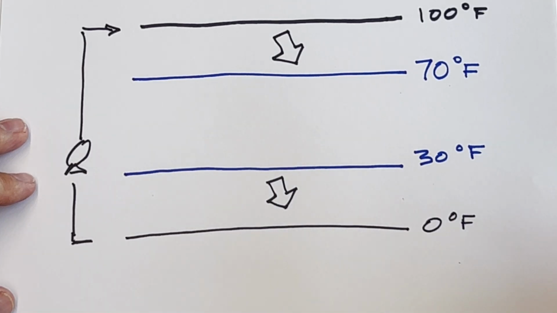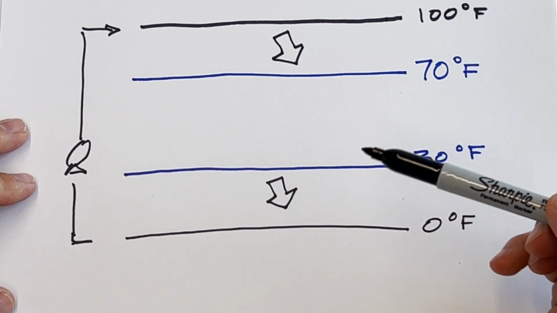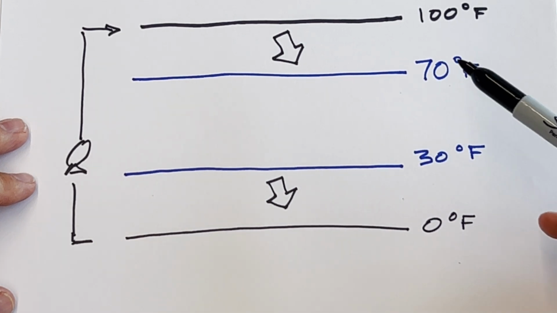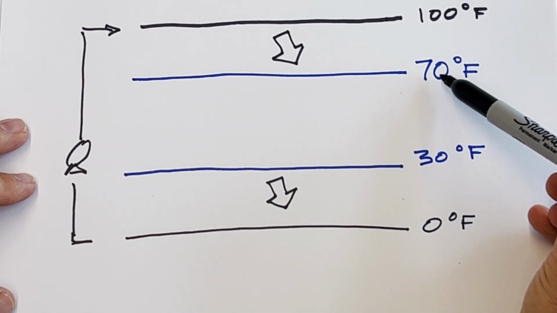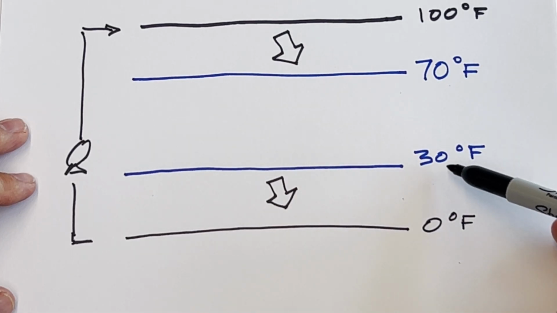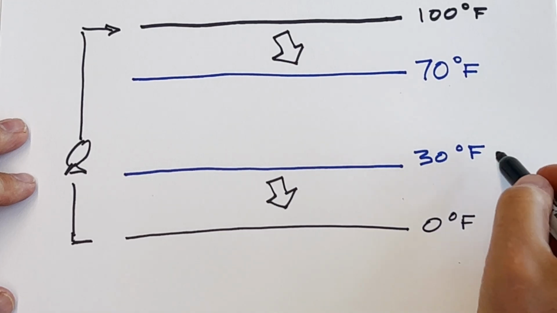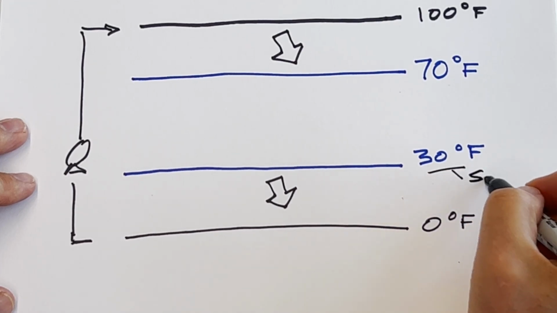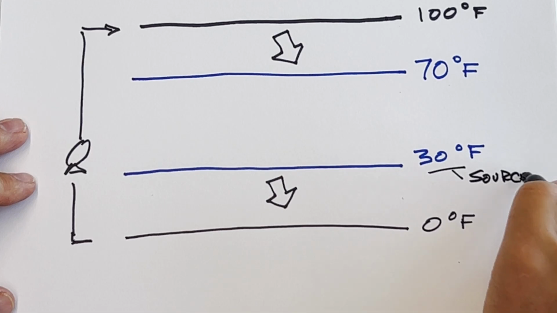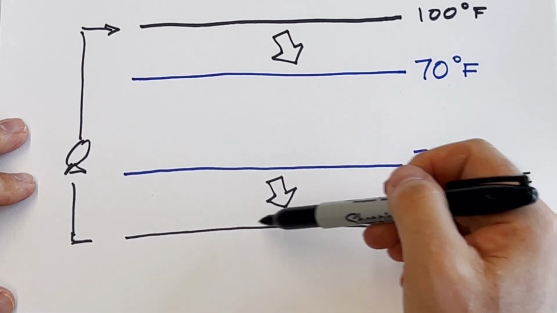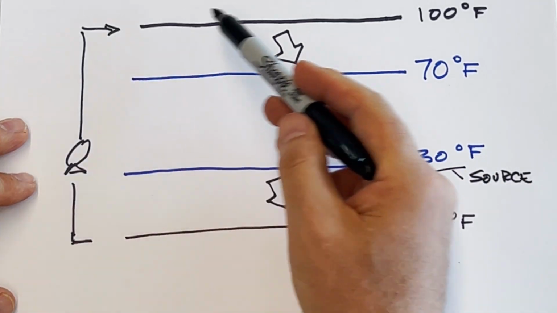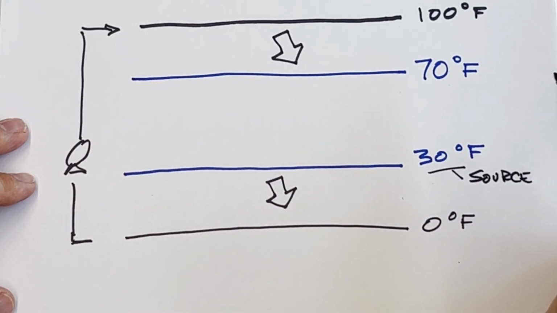This is how a heat pump works, and it's a great way to think about it, with the indoor temperature and the temperature where the heat pump is getting the heat from, which we call the source. It's getting heat from the source, it puts it into refrigerant, and it pumps the refrigerant up to a high temperature.